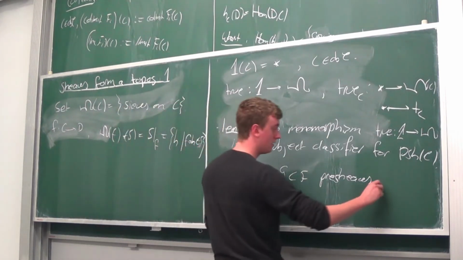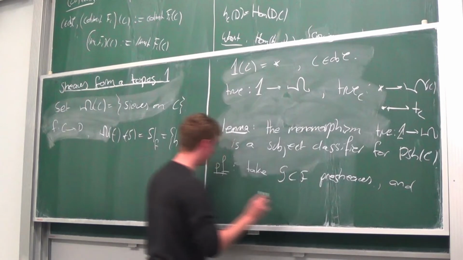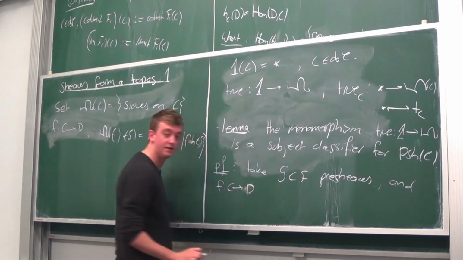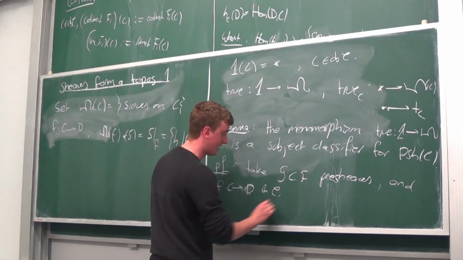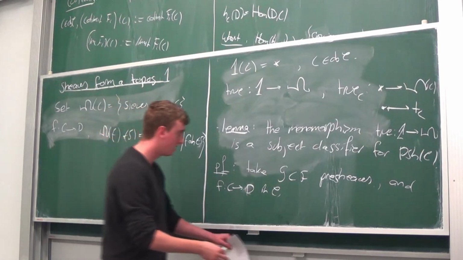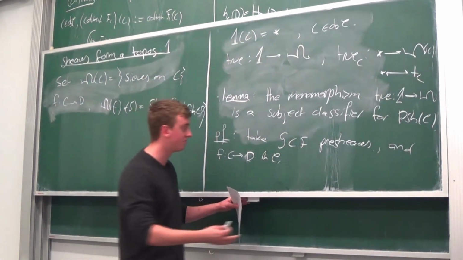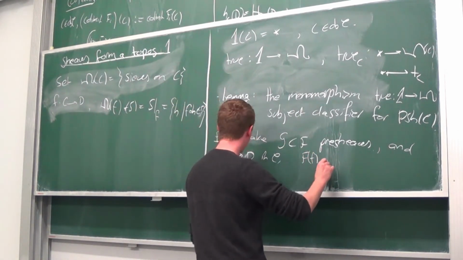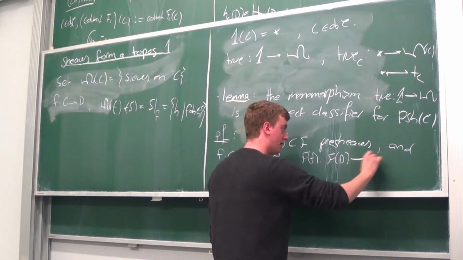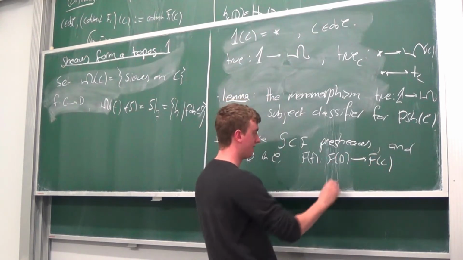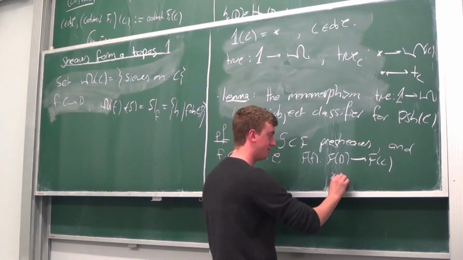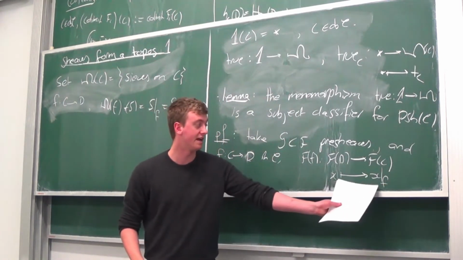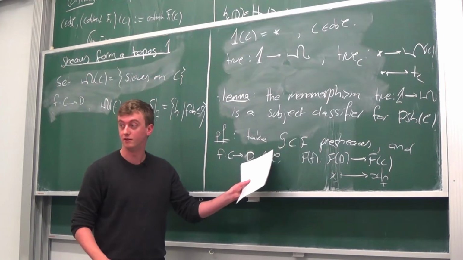Then if we have a morphism f from C to D in our category, f is going to define, by restriction, a morphism from F of D to F of C, which will take some element x to x restricted along f. And this may or may not land inside G of C.